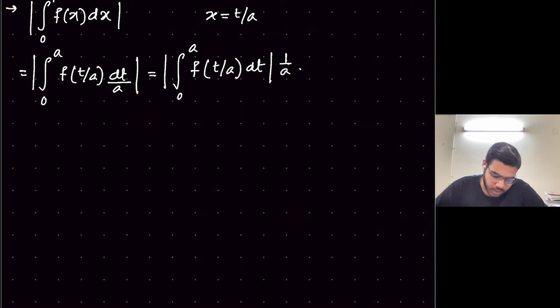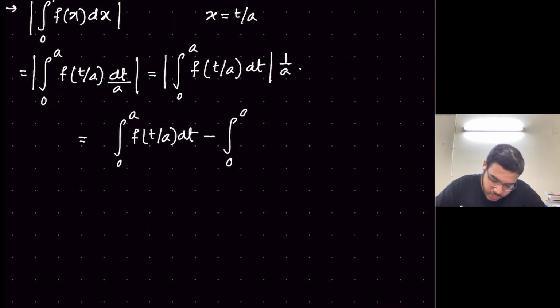Now we'll do some trick here. You already have that the integral 0 to a of f(x) dx is 0, right? This is a very important trick, and this is the Magna Carta step in this problem. The integral 0 to a of f(t/a) dt minus the integral 0 to a of f(t) dt, times 1 by a.